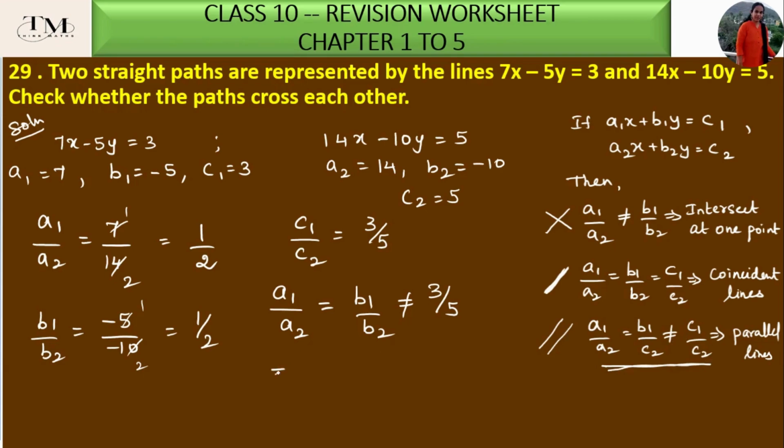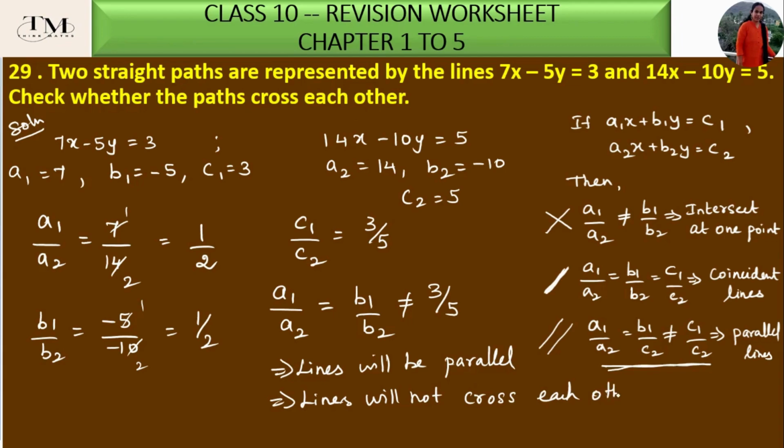So then the lines will be parallel. Parallel means they will not intersect at any point. So lines will not cross each other. They are asking whether the paths cross each other, so the solution is the lines will not cross each other. If it is parallel, they will not cross at any point. So this is the solution.